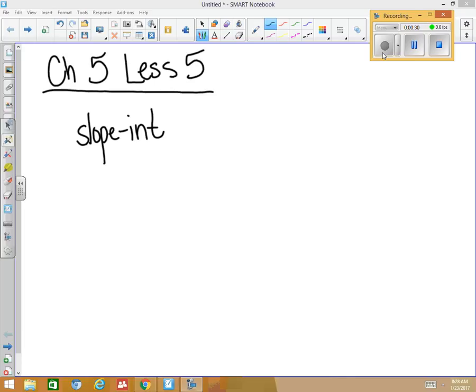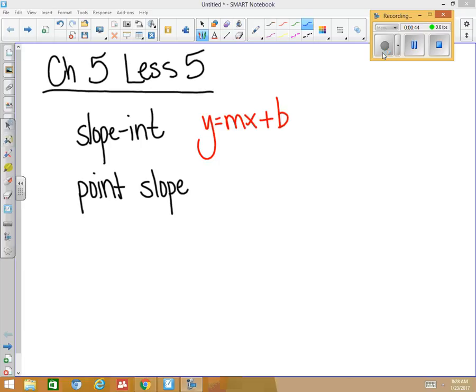Andy says slope-intercept is y equals mx plus b. Yes. Point slope is y minus y1 equals m times (x minus x1), with parentheses. I think that's the one.